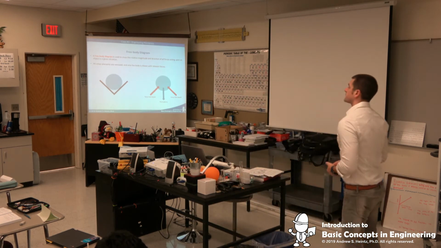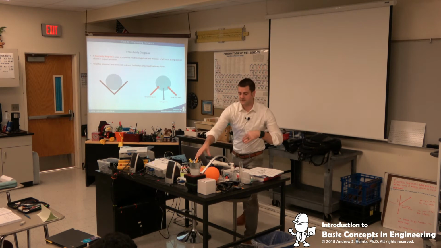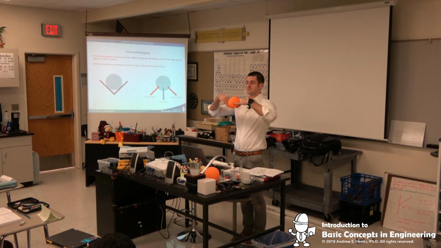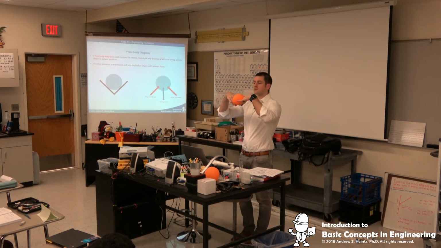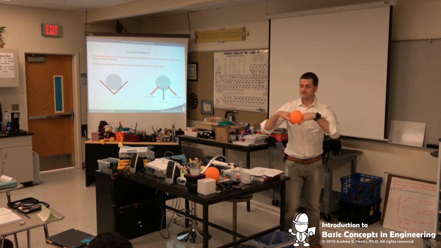So in this case, we have a ball that's sitting in a V, just like this. What are the forces acting on this balloon right now? Downward. What else? Upwards. Is it upwards? Yes. Lynn, you just did it. Show me.